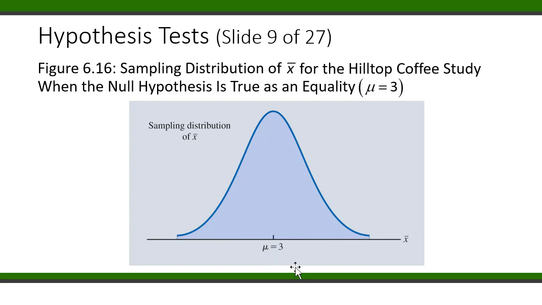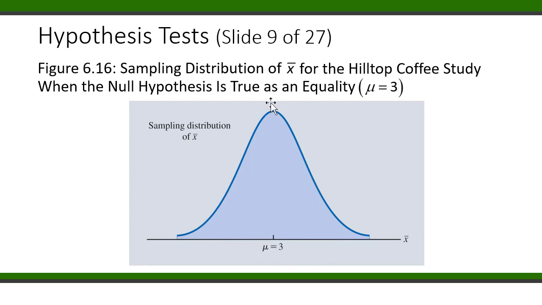So the alternative hypothesis would be that we believe the mean is less than 3 pounds. Okay, so it's going to be right in here somewhere, below this mean.